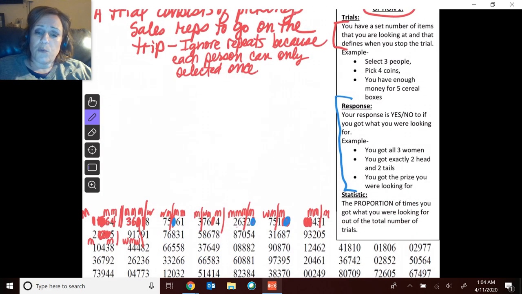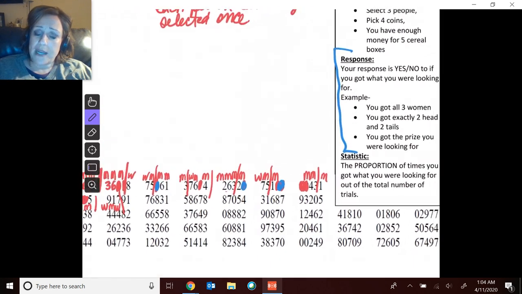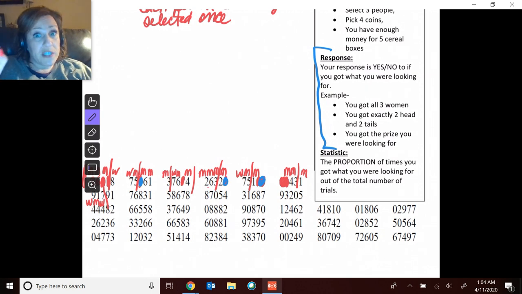So when we look at this response, what we are going to say ultimately is yes or no, I got what I was looking for. For example, yes or no, did you get all three women?